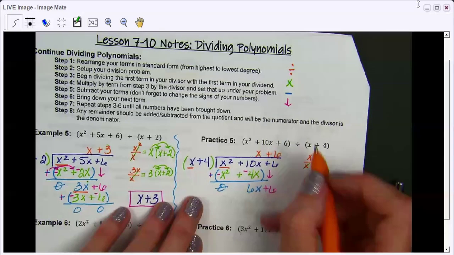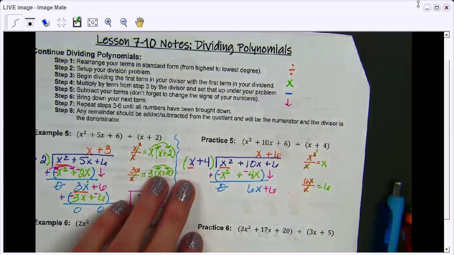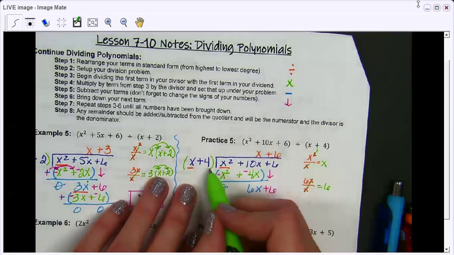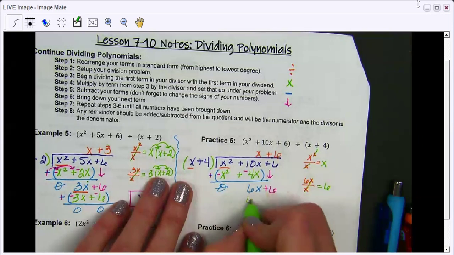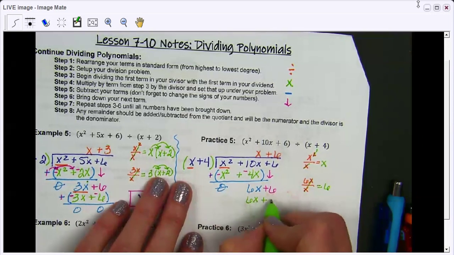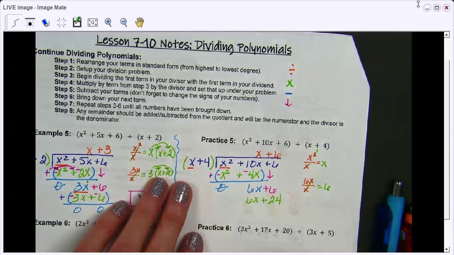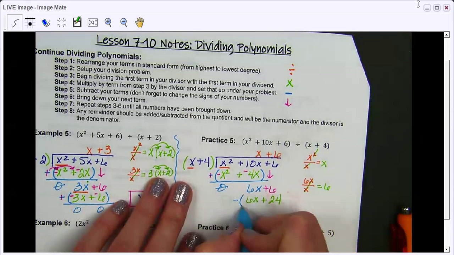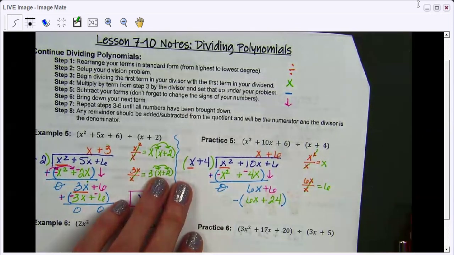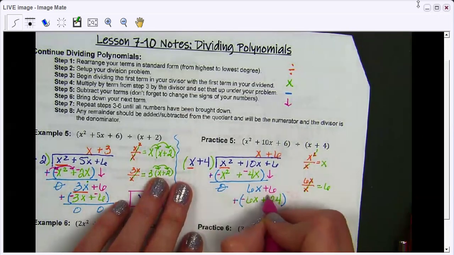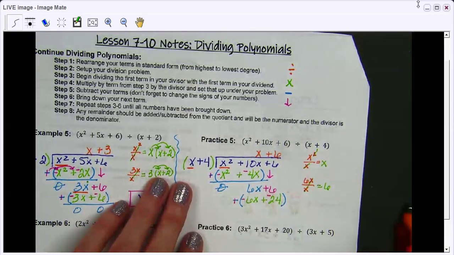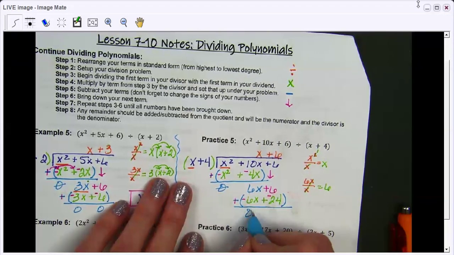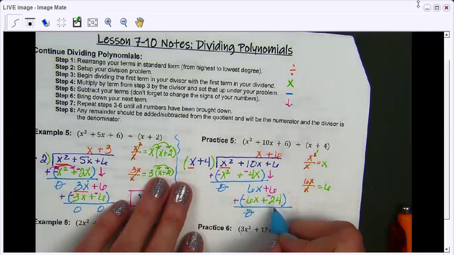Now I am going to multiply. That's my next step. 6 times x plus 4, and I get 6x plus 24. Now I'm going to subtract and distribute my negative. I didn't realize I had one with a remainder right here. And then 6 minus 24 is a negative 18.